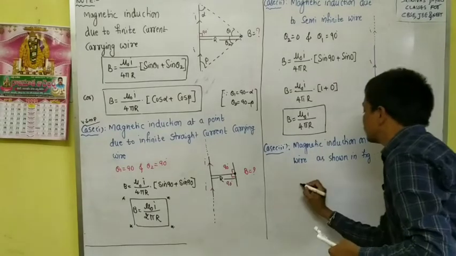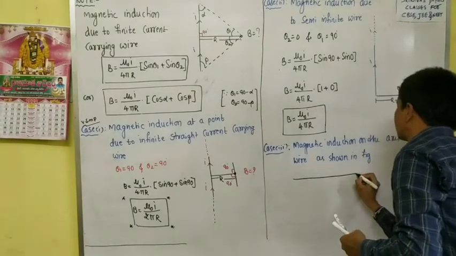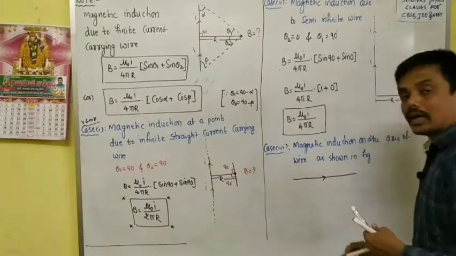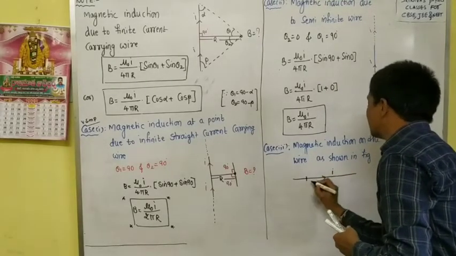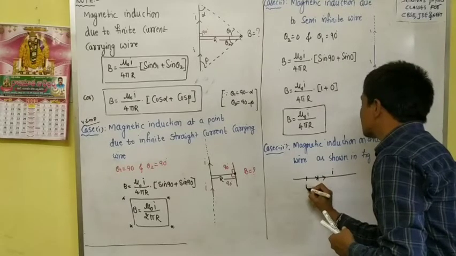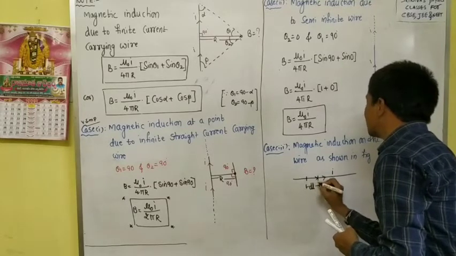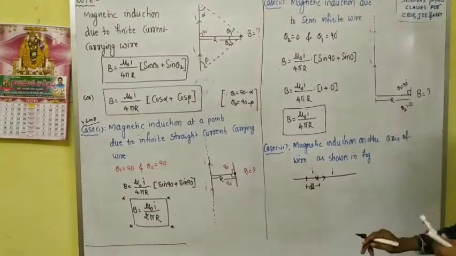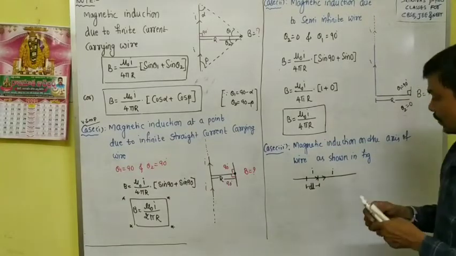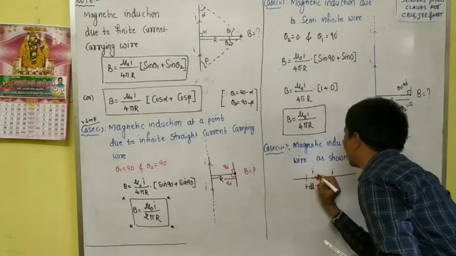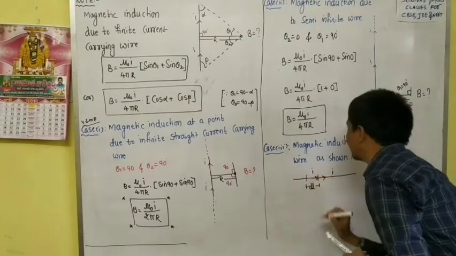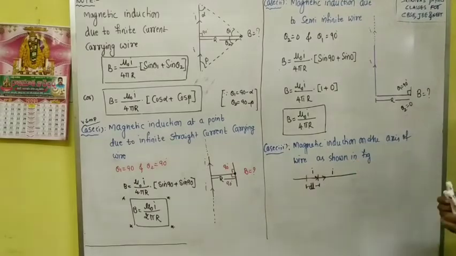This is a current carrying wire. On this small element, the current is to the right side. The small element we take is dl, that is also to the right side. This is the small element on the wire, and its length is dl.